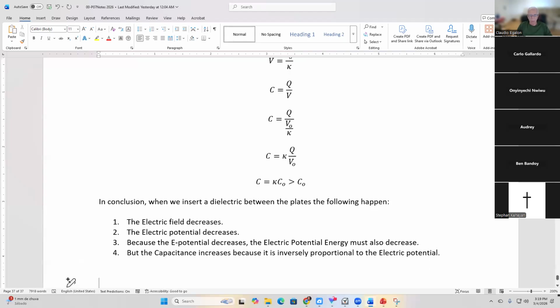Okay, we usually say that the internal energy of the capacitor decreases when we insert the dielectric between its plates.